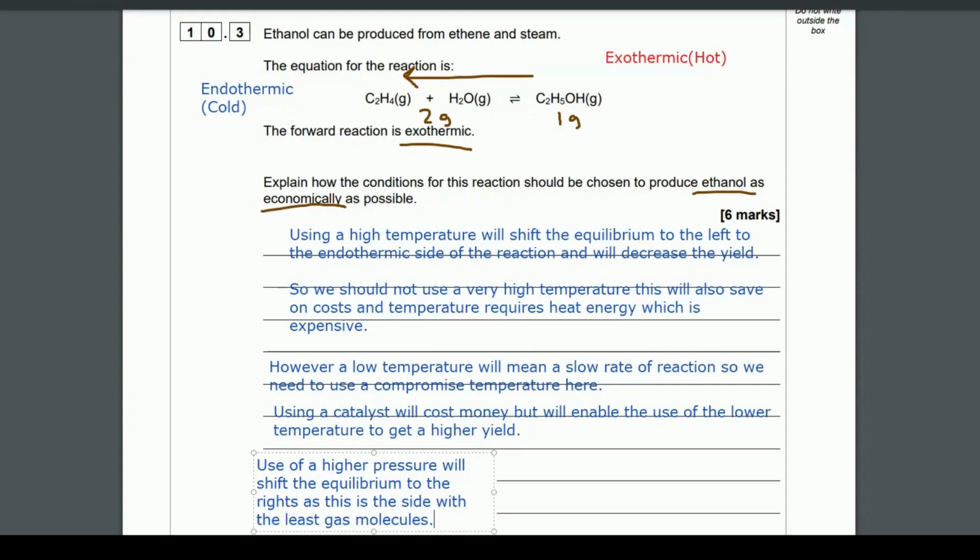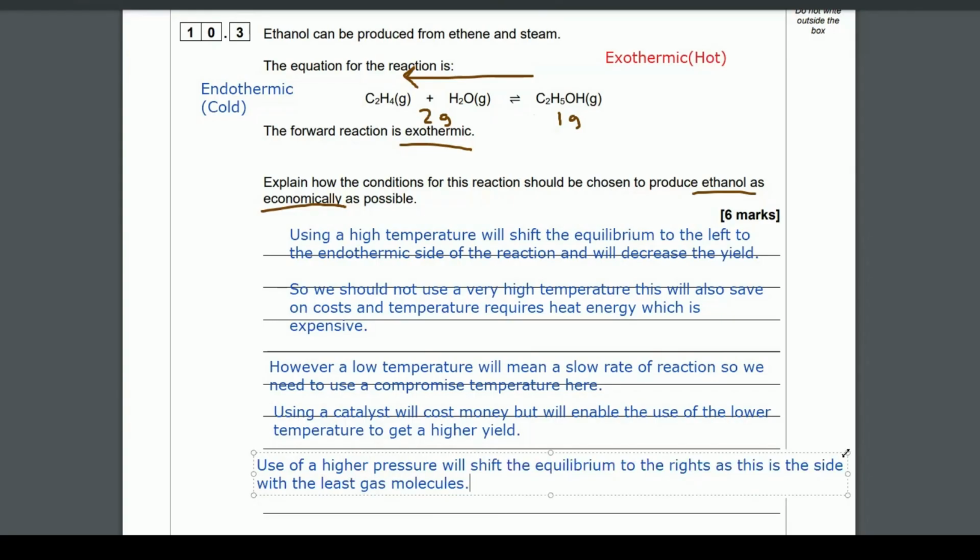Remember, Le Chatelier says the reaction will do the opposite of what you do. So if you increase the pressure, it's going to say, geez, I want to reduce pressure, so it's going to go to the side with fewer gas molecules. So increasing the pressure here is a good thing because the reaction will try to reverse our change by shifting to the side where there's less gas molecules. So using a high pressure will shift the equilibrium to the right, as this is the side with the least gas molecules. This will increase the yield.